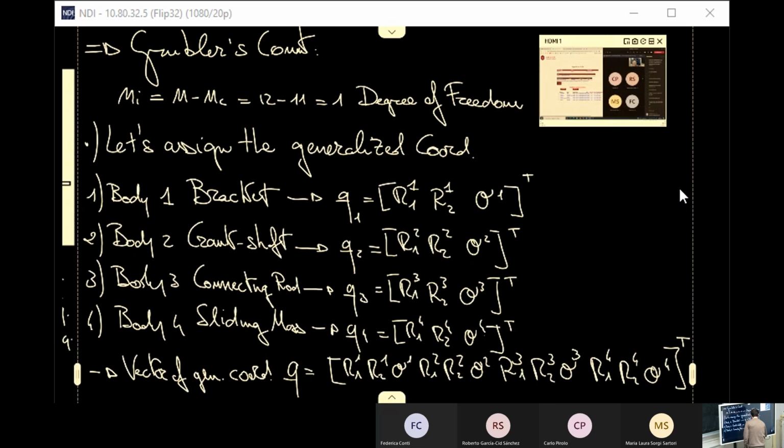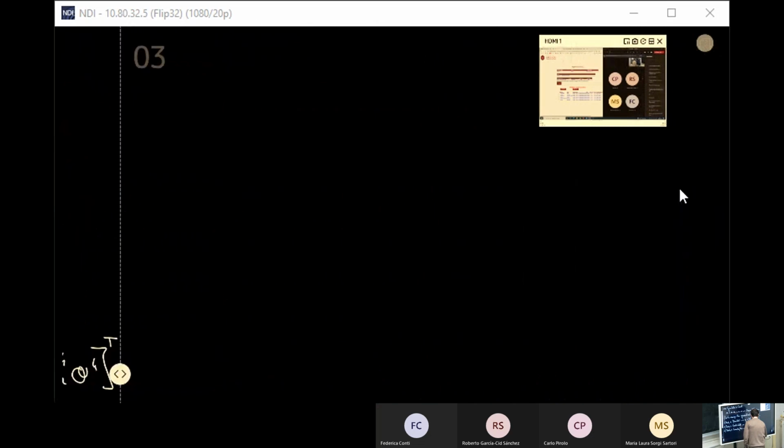That's very easy. As we said, we have 12 parameters, but only one can be set arbitrarily. Now, let's actually see how to enforce these constraints. Here are the equations.